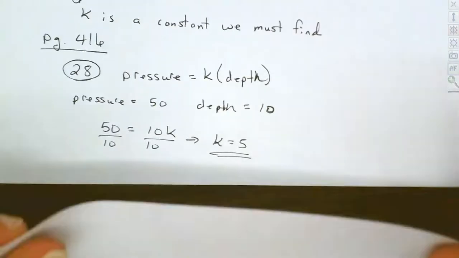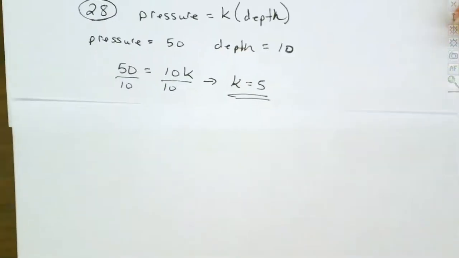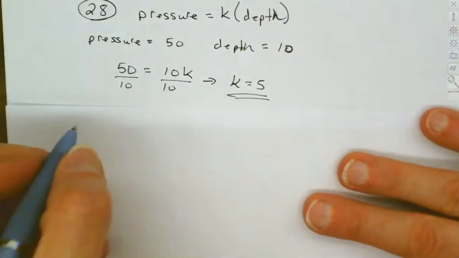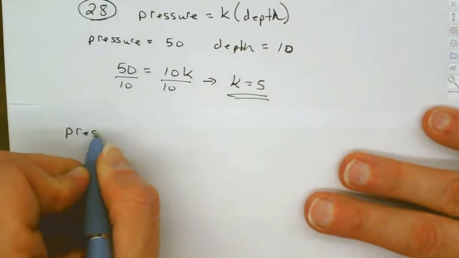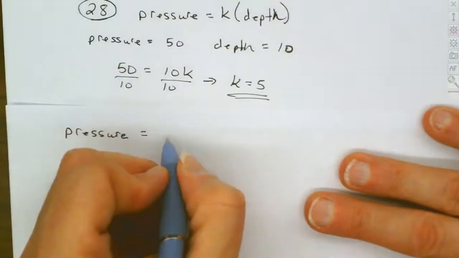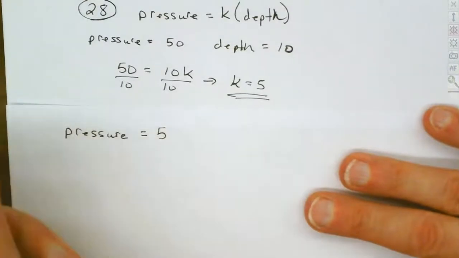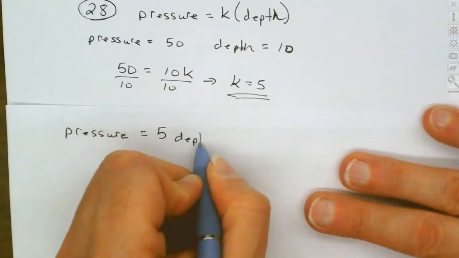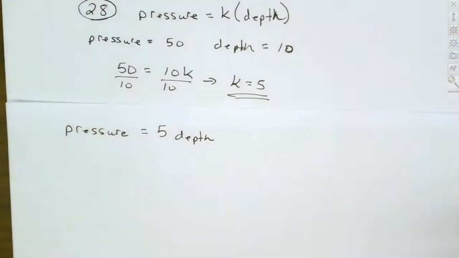When we rewrite it, we found our K. So our formula looks like the pressure equals 5, that's our K, times the depth.